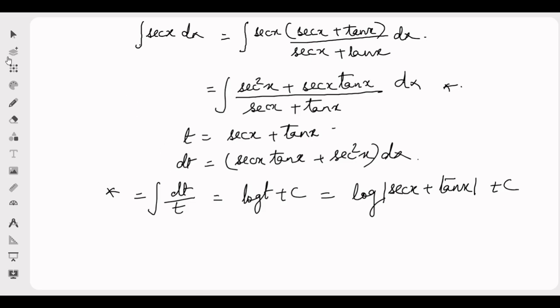Now, one last trigonometric function, cosec x, is left, whose integral we are going to find. Now we are going to find the integral of cosec x. So for cosec x, let us write this as integral of cosec x into (cosec x plus cot x) upon (cosec x plus cot x) dx.